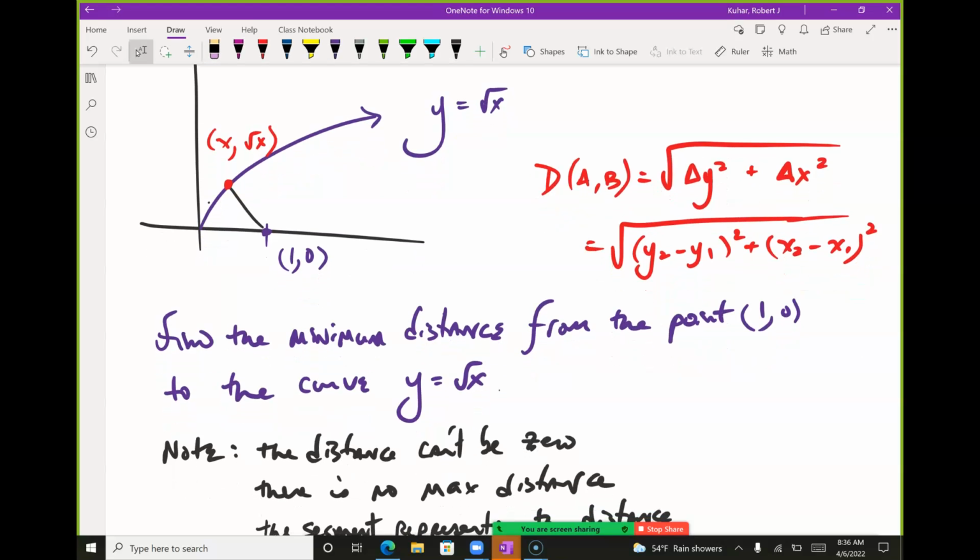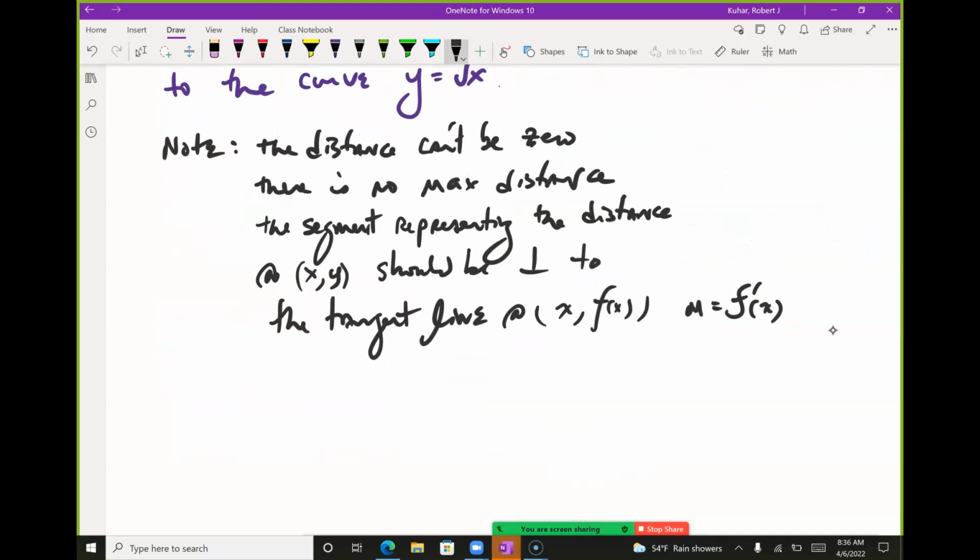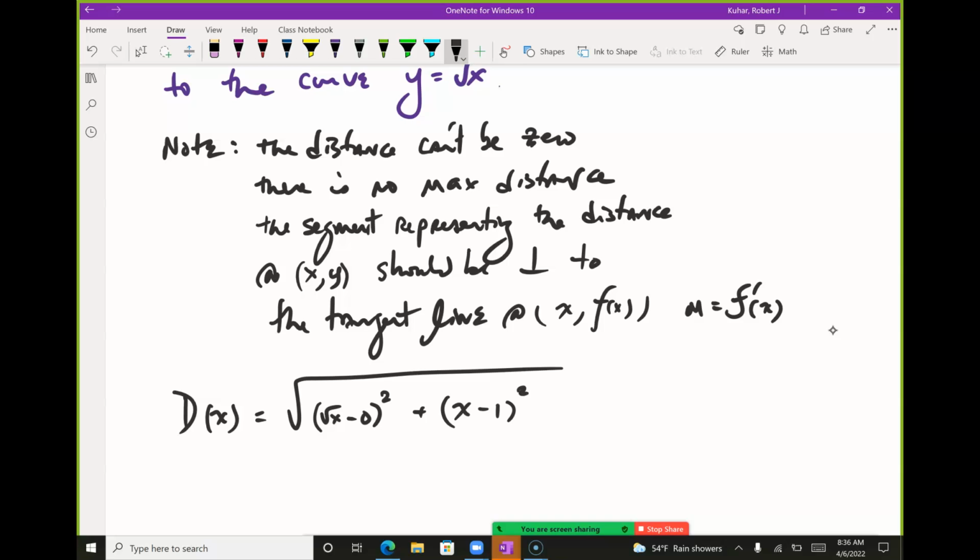Okay, so I have the 2 points I want, and I'm going to usually pick the arbitrary point as my x2, y2. So here comes my formula. My function of x, d of x, is the square root of x minus 0 quantity squared plus x minus 1 quantity squared, right?